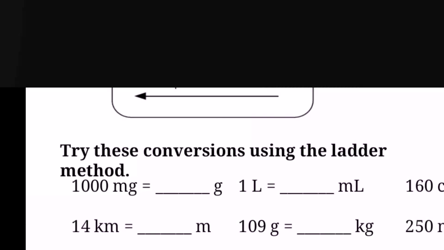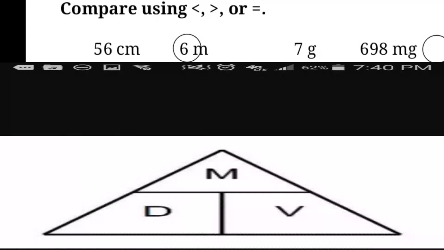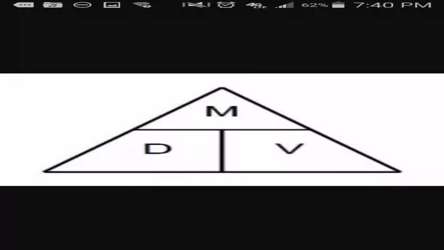One way we can think about this, which I didn't use in class, is that density is equal to mass divided by volume.